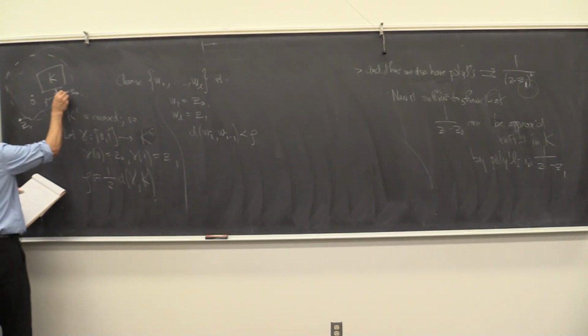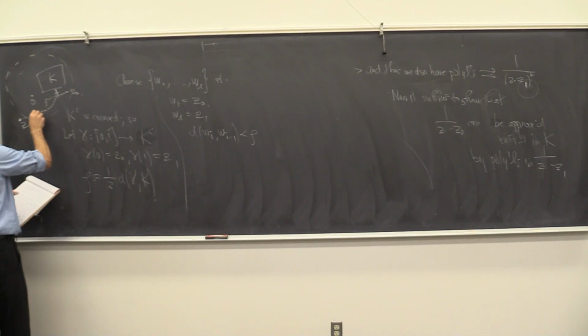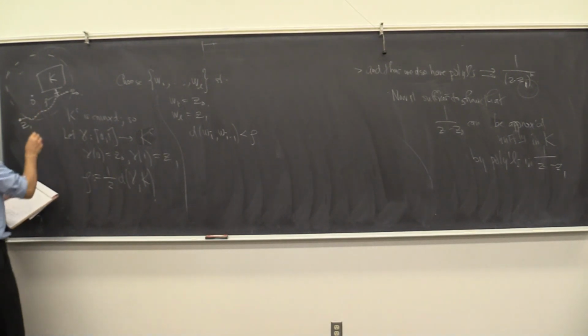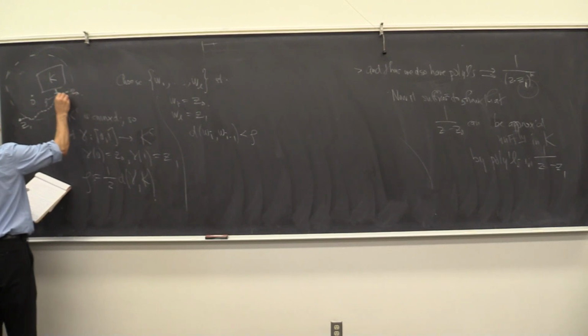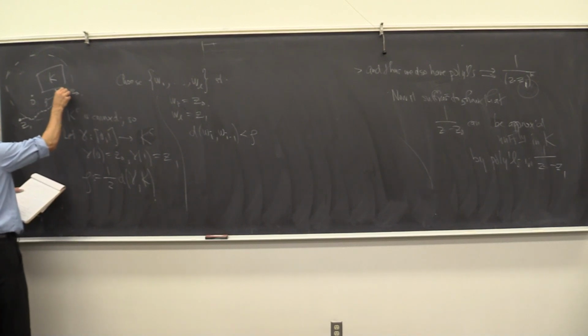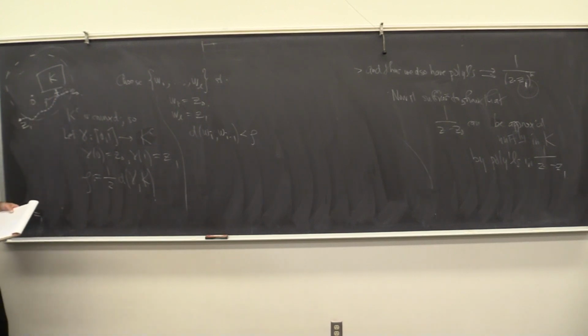So we take all these points that are within rho of each other on the path. We're still more than half the distance away from K.